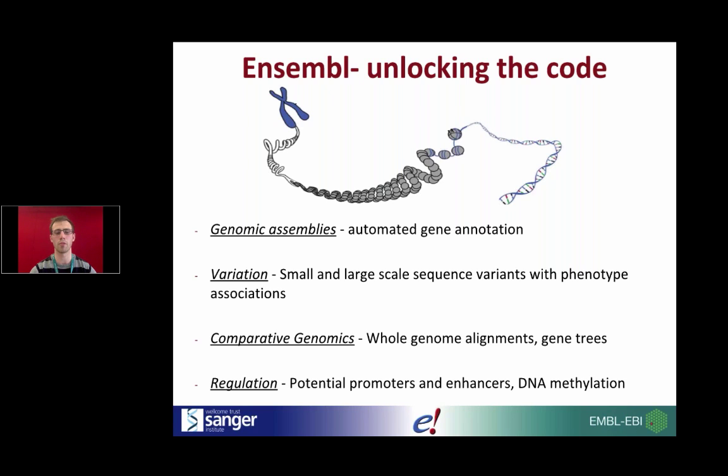We also have a number of comparative genomics analyses. So we have whole genome alignments and gene trees in Ensembl, for example. And finally, we also have our regulatory build. So we use data from sources such as ENCODE, which is aimed at predicting the existence of potential regulatory features such as promoters, repressors, and enhancers.